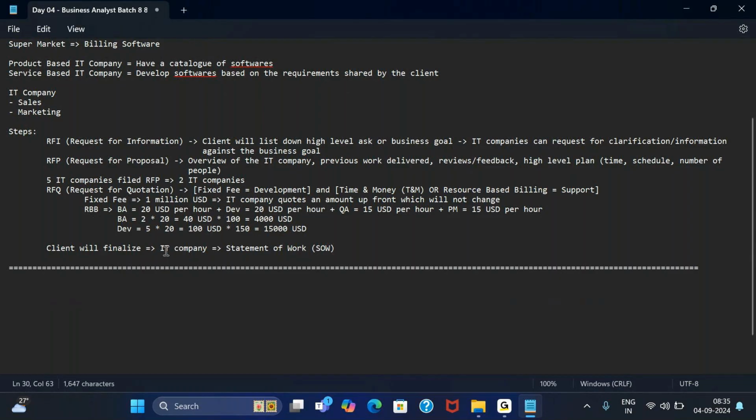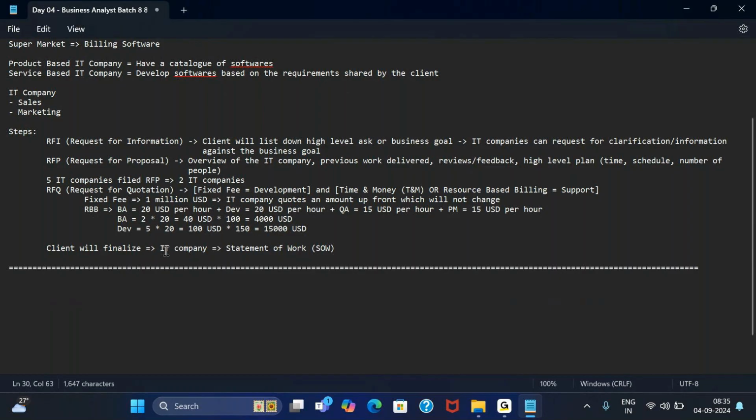You can consider the statement of work as the legal contract between the client and the IT company, which will identify how much time the work will take, what the IT company will be responsible for, what the client will be responsible for, what happens if anyone tries to break the contract, what could be the legal consequences and so on, so that whatever we have been discussing verbally, orally, is all put down into a legal contract in the form of an SOW. That is statement of work.